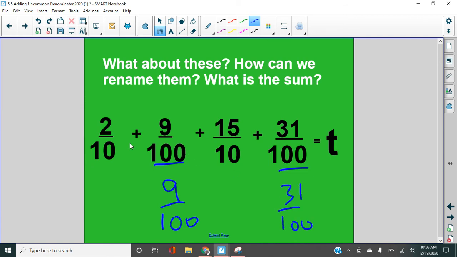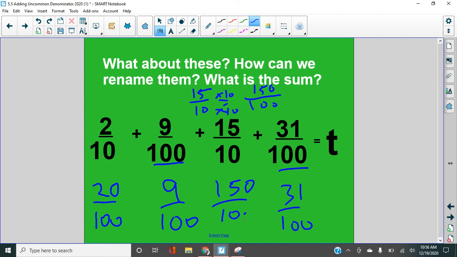2/10. How many hundredths would that be? What would be equivalent? 20/100. And then this is a weird one, right? 15/10. So this is an improper fraction. Remember when we were using multiplying, 15 over 10 equals how many hundredths? Well, 10 times 10 equals 100, and 15 times 10 equals 150. So this is actually 150 over 100.